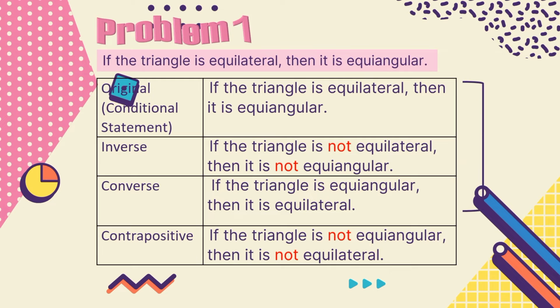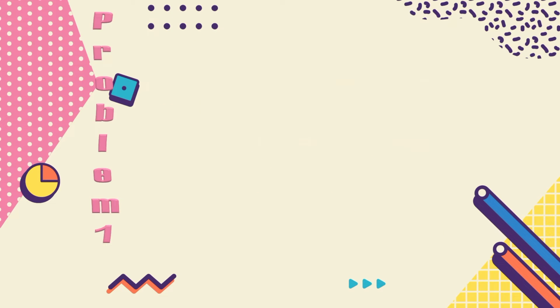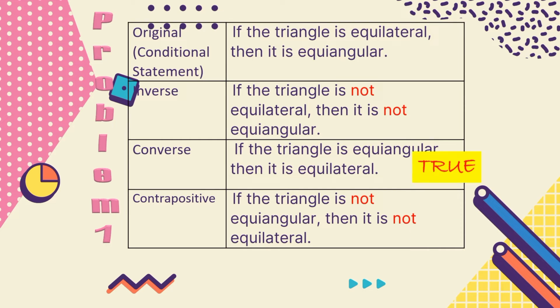And in this case, we may say that the original statement and converse statement are both true. Now, to continue, we can say again that the original or conditional statement is true and converse statement is true.